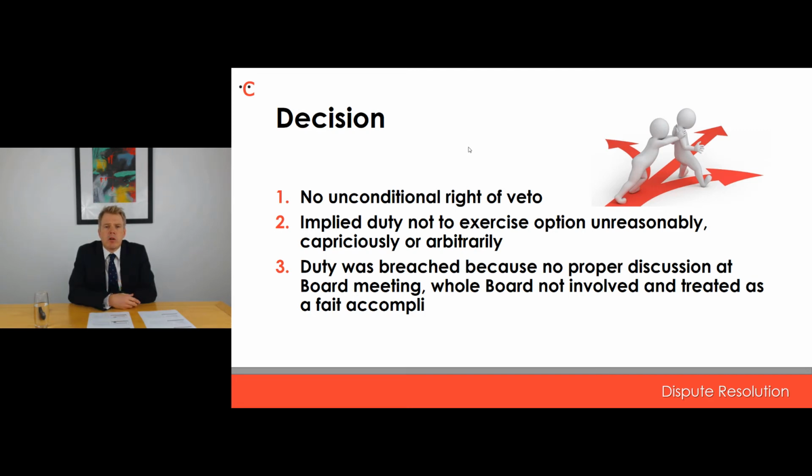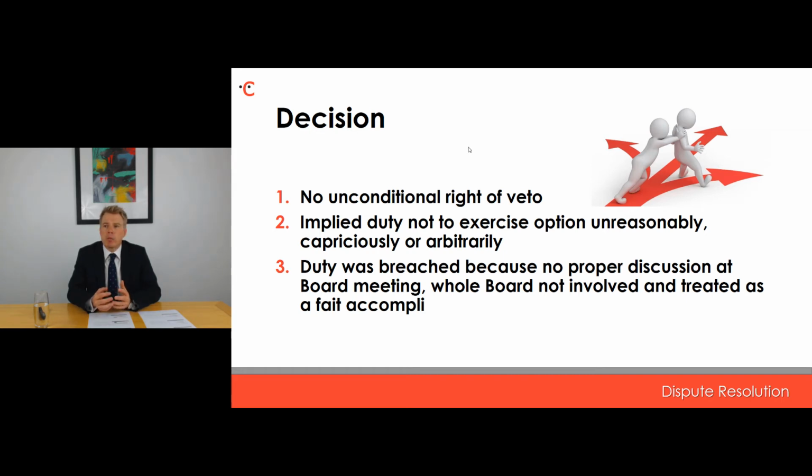The court decided that there wasn't an unconditional right of veto, as Watchfinder had claimed, although the contract didn't say that there was a duty to exercise the option in any particular way. The court implied a duty not to exercise the option unreasonably, capriciously, or arbitrarily. And moreover, that duty was breached because there hadn't been a proper discussion at board level.